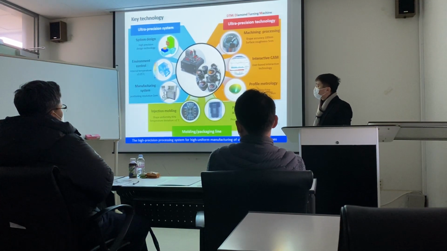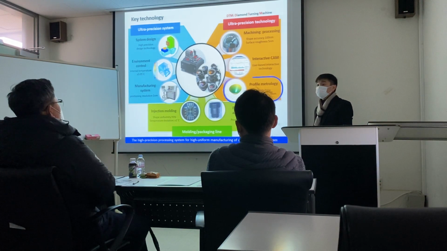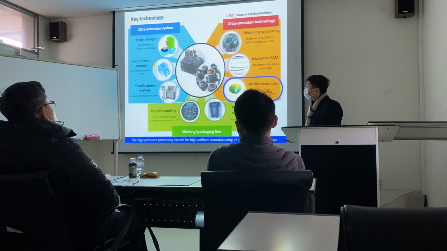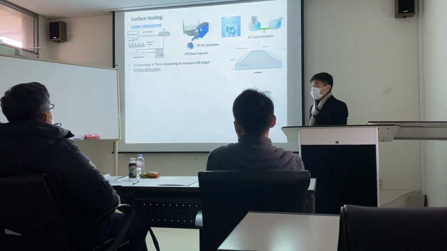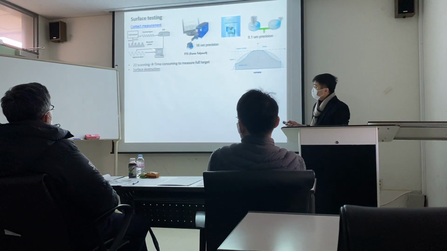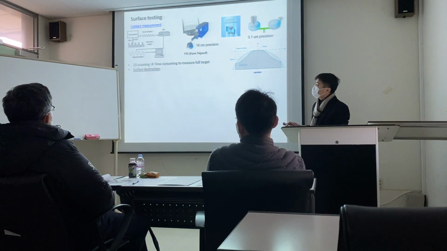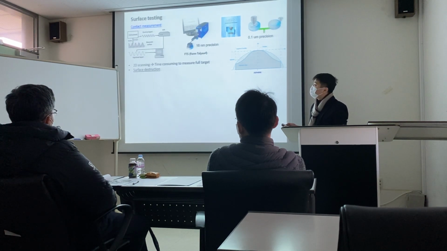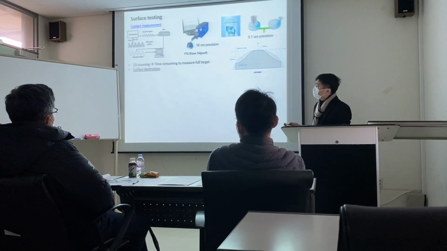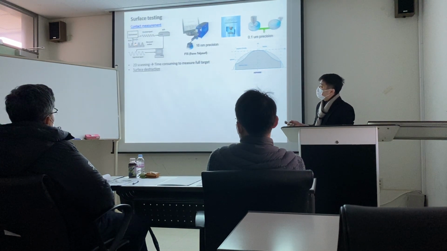My effort in that project focuses on the profile metrology. I studied some methods of surface testing. This is the contact measurement, the stylus method. The stylus touches the surface. We get the 2D diagram of the surface by moving it across from this side to this side.